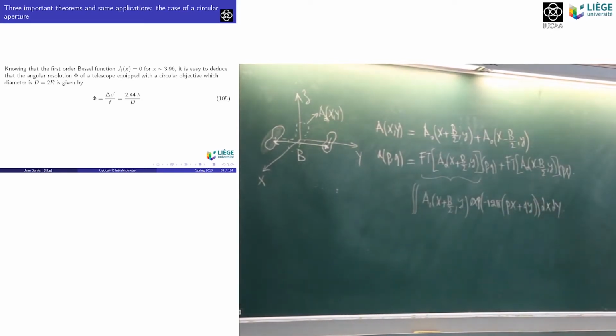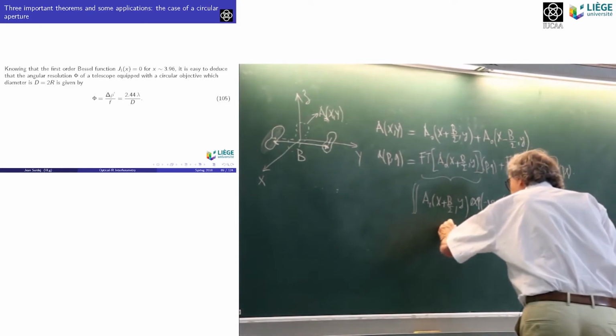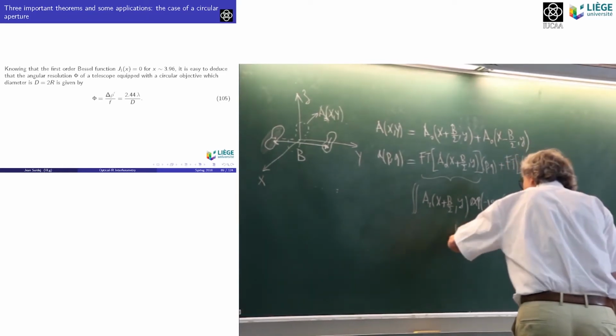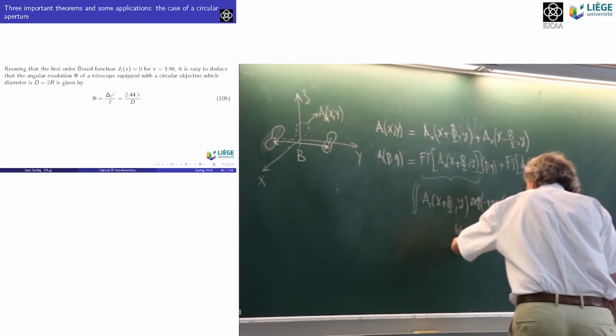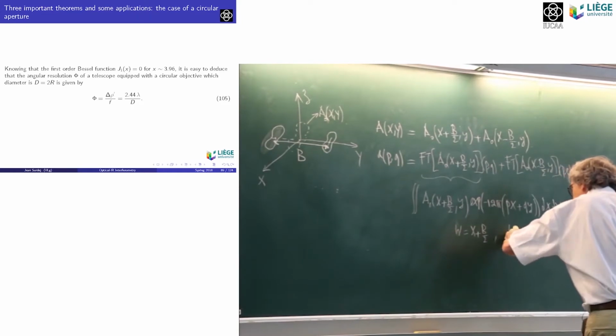So I assume that I've forgotten what the translation property is. Well, I will demonstrate it now. I may define the variable w, which is equal to x plus B over 2, such that dw will be equal to dx.